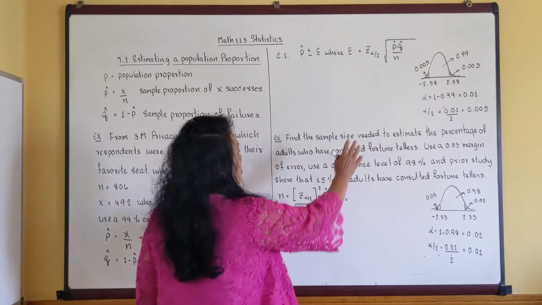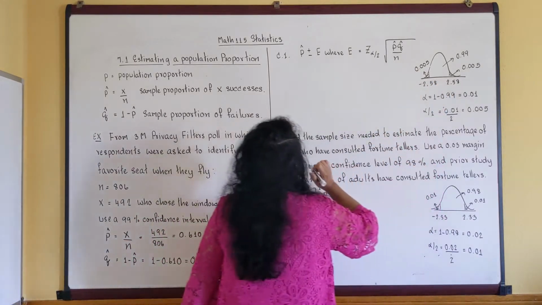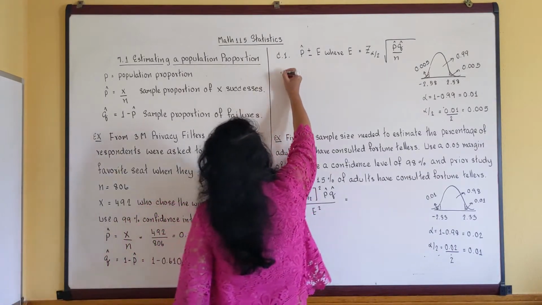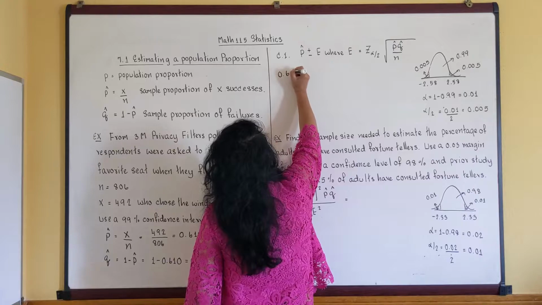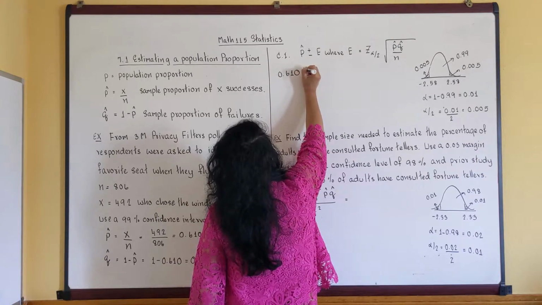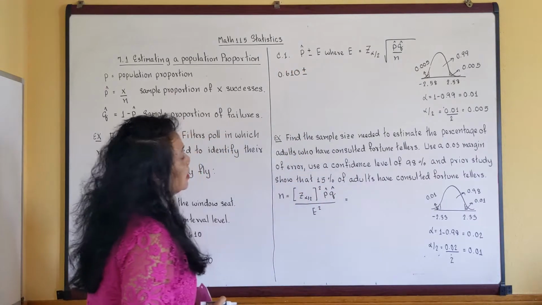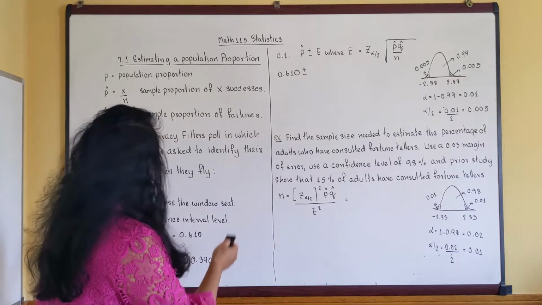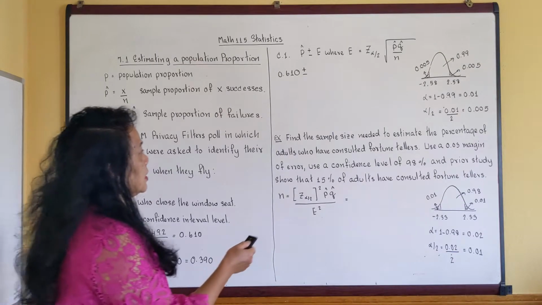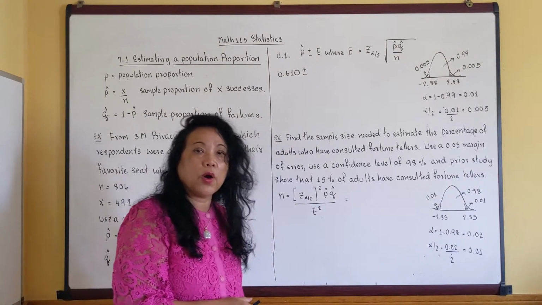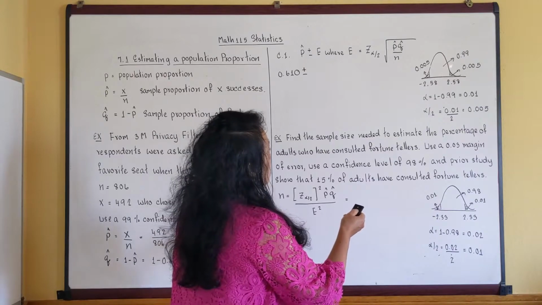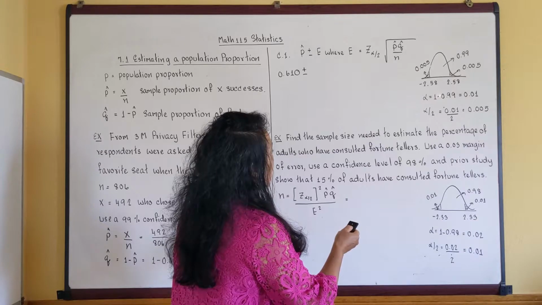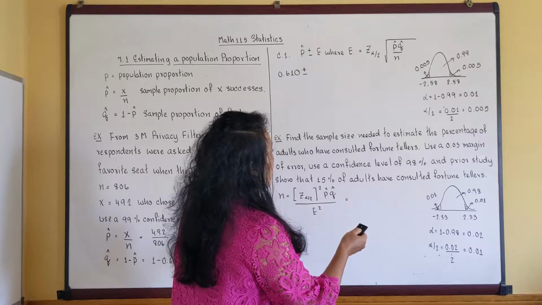Alright, now I'm going to put in the formula for the confidence interval. The confidence interval is going to be in the middle here. So my p hat is 0.610 plus or minus my E, with the z-score to the right. So 99% is right in the center. The confidence interval is always in the center. So I convert to decimal, it's 0.99. Let's call it alpha. 1 minus 0.99 is 0.01.